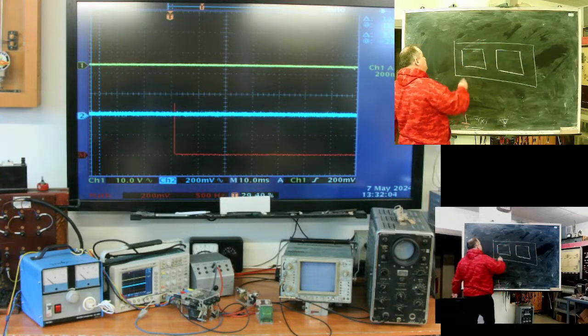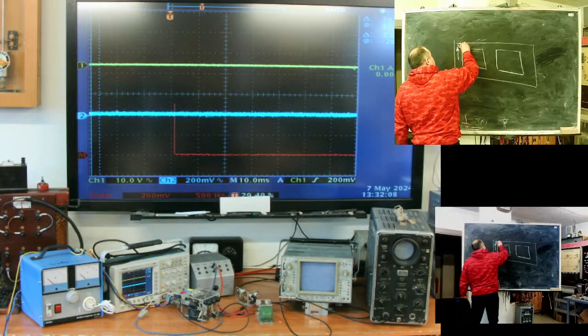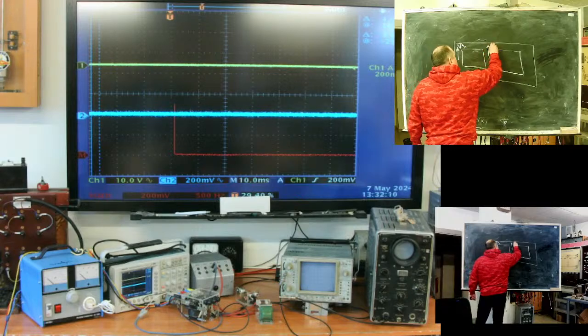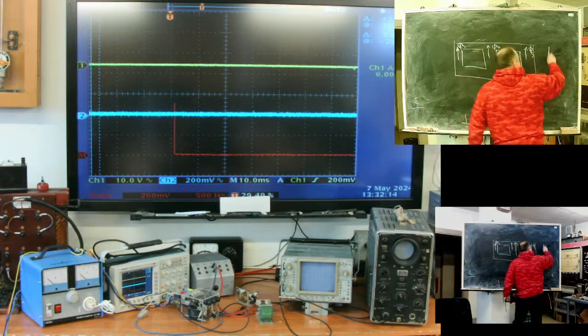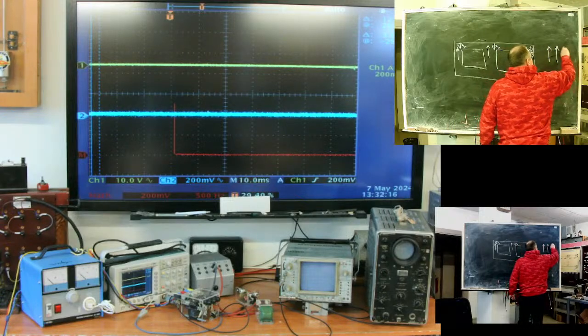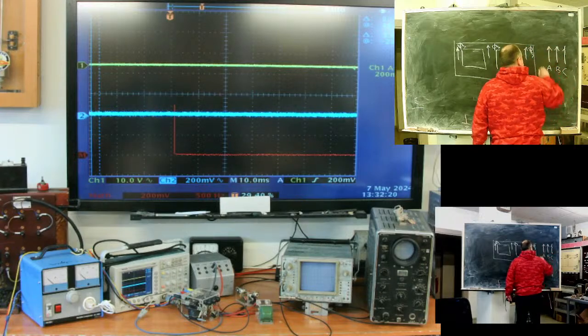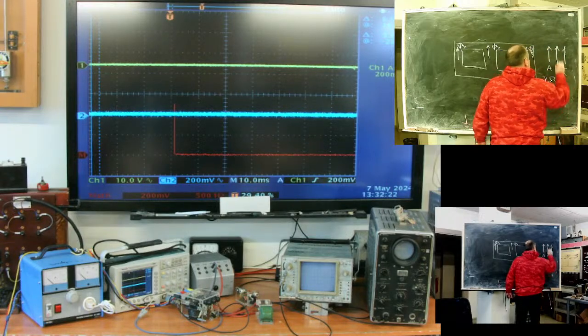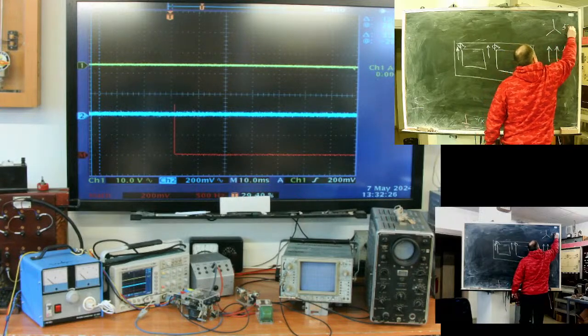For 150, flux three, they are equal in A, B, C leg. It's 150. This was 50 Hz.